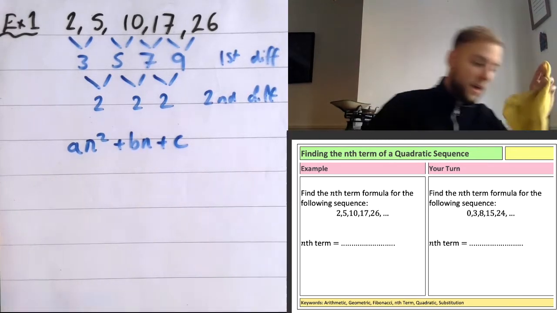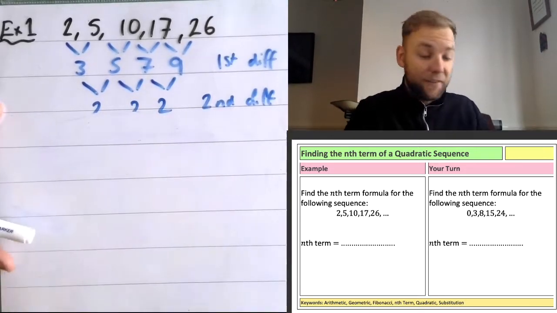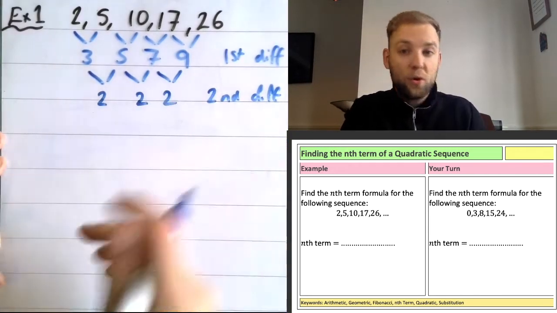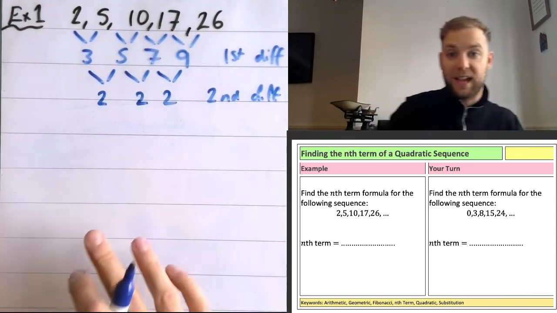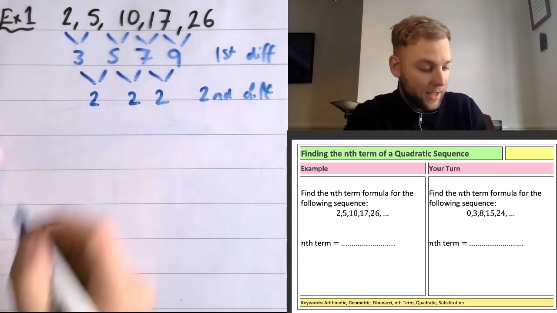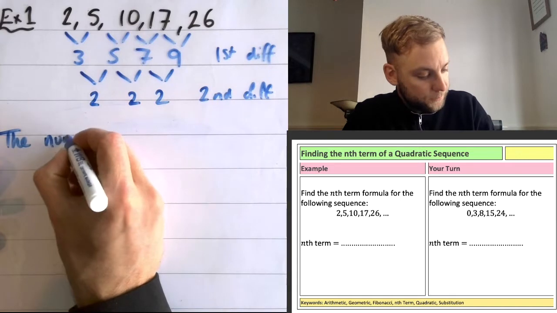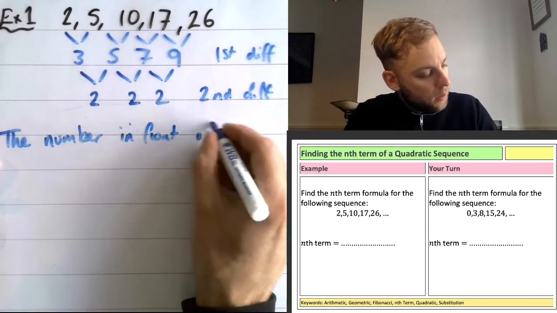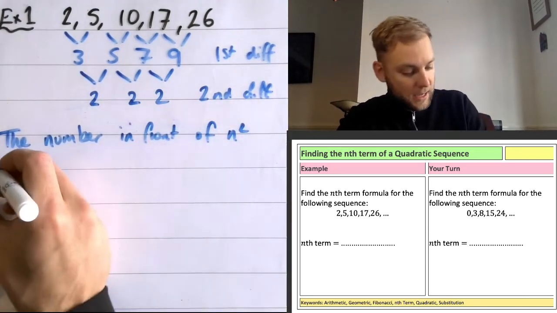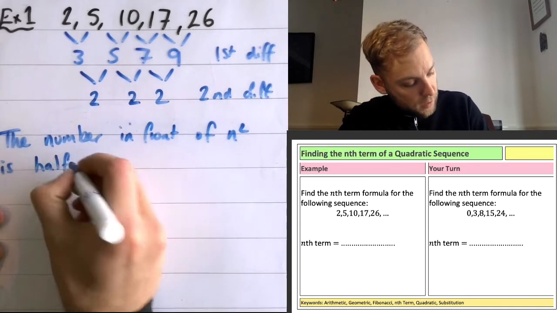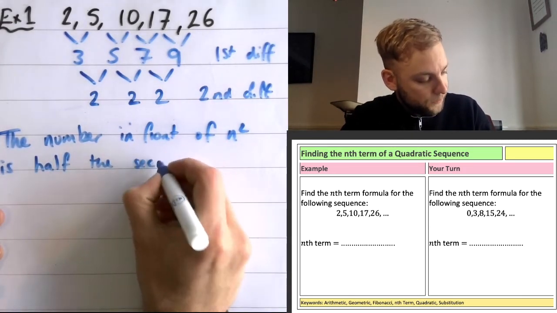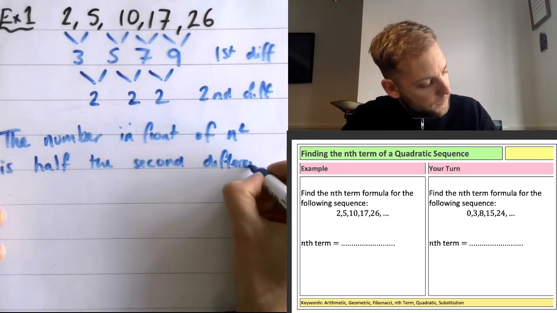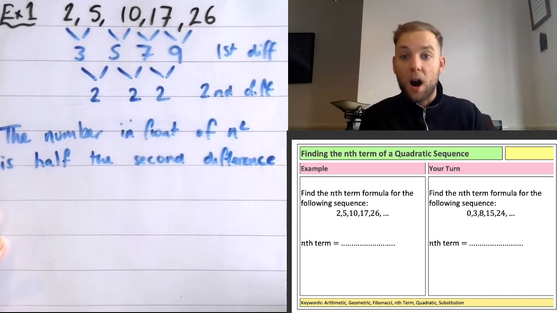Now, the thing that you need to know, and it's definitely worth getting this down in your notes, is that the number in front of n squared is half the second difference.